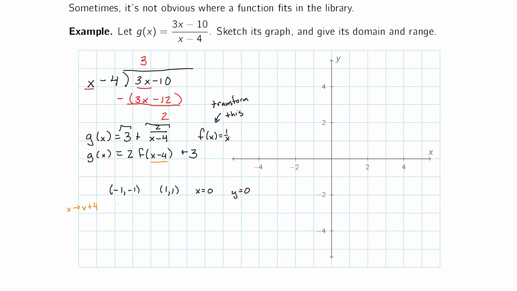So -1 plus 4 is 3. 1 plus 4 is 5. 0 plus 4 is 4, and we're not going to touch the y's. So our points are now (3, -1), (5, 1), x equals 4, and y equals 0.